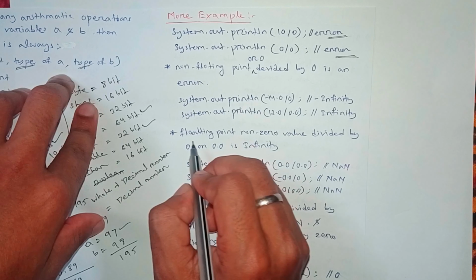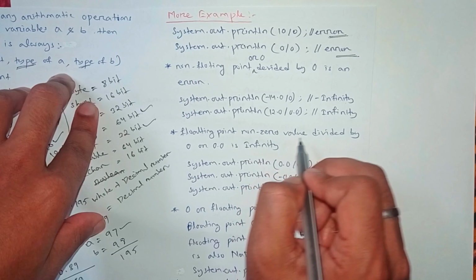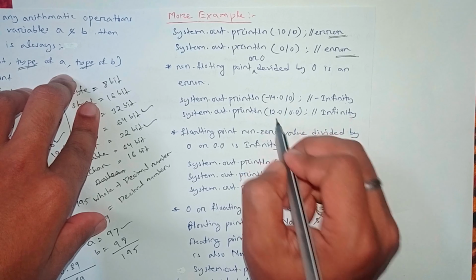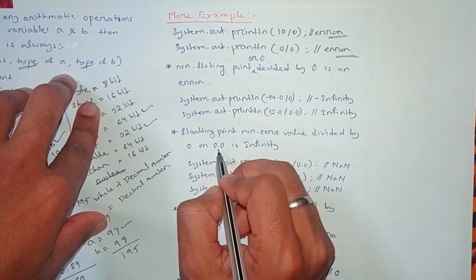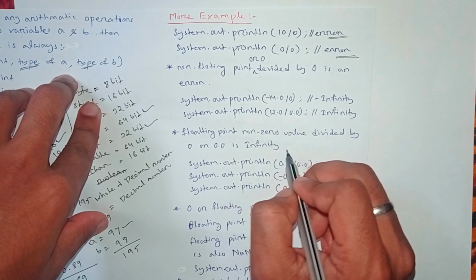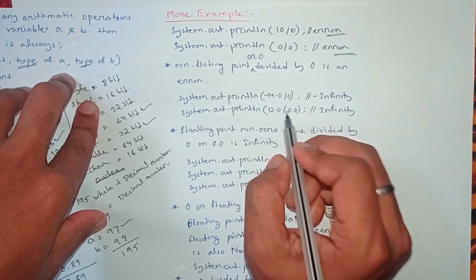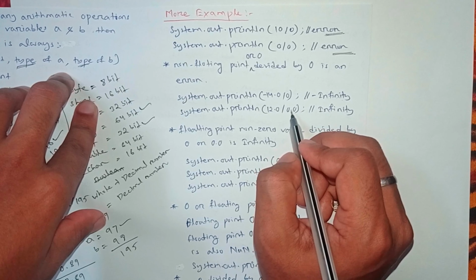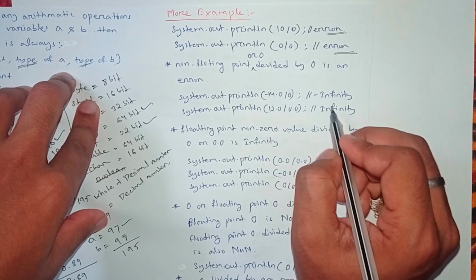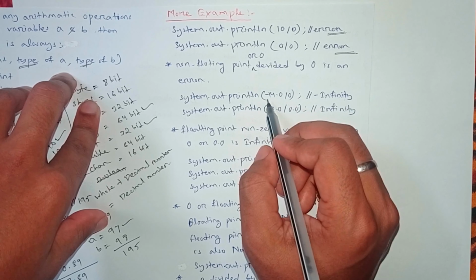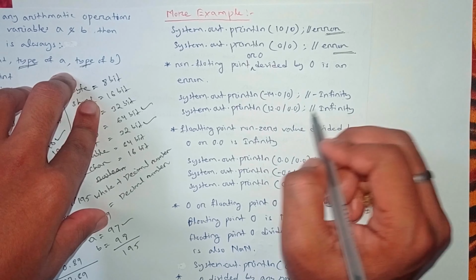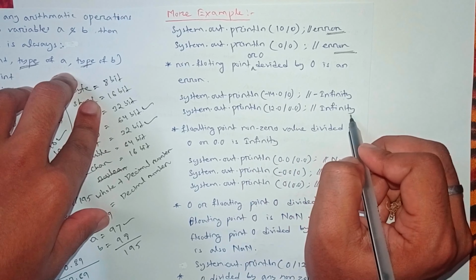Why? Because a floating point non-zero value divided by 0 or 0.0 is infinity.